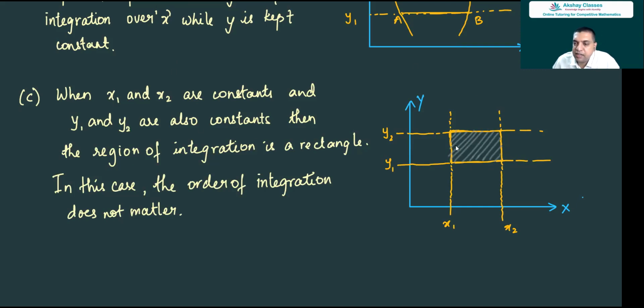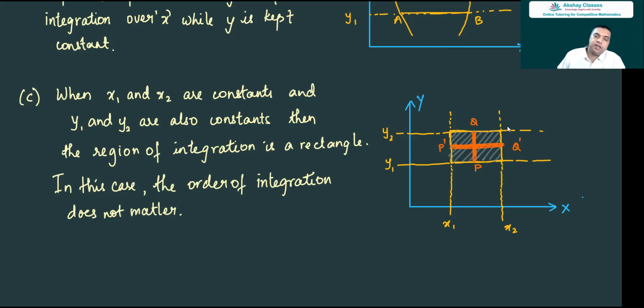Now it does not matter how we integrate. We can take a vertical strip, that is, first we are integrating with respect to y, treating x as constant, and then we are integrating all such strips from x1 to x2, or we can integrate with respect to x first, so let's say this is pq, this is p dash q dash.